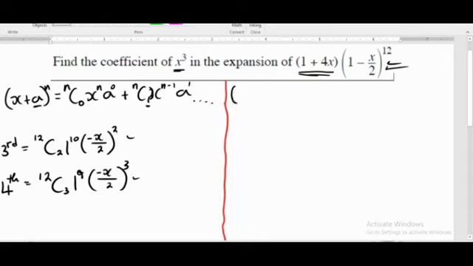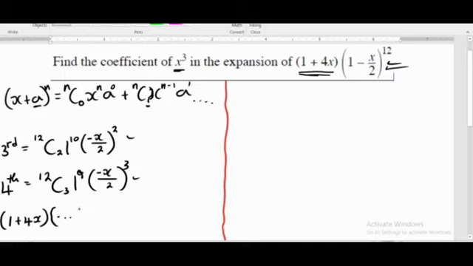We are going to have our expansion in this format. Remember that we are not expanding everything. We have 1 plus 4x close bracket, then the other bracket, after expanding. We only need the third and the fourth term, so let's add three dots to show that this is not the beginning.